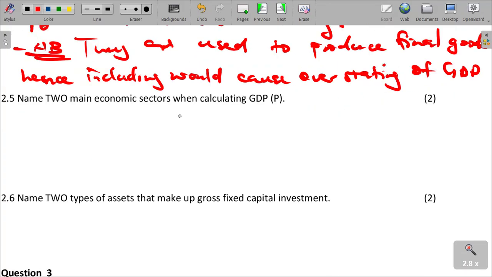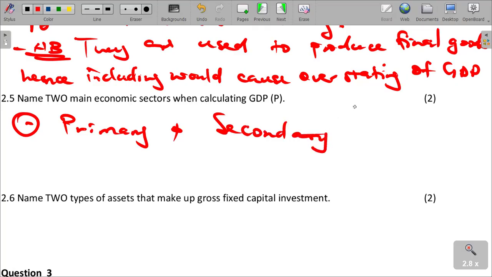Name two main economic sectors when calculating GDP. This we can talk about: the primary and secondary sectors.